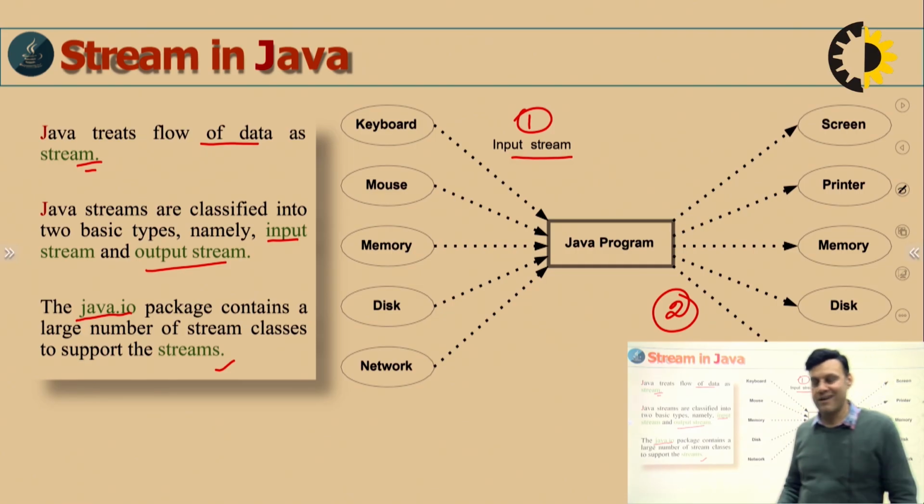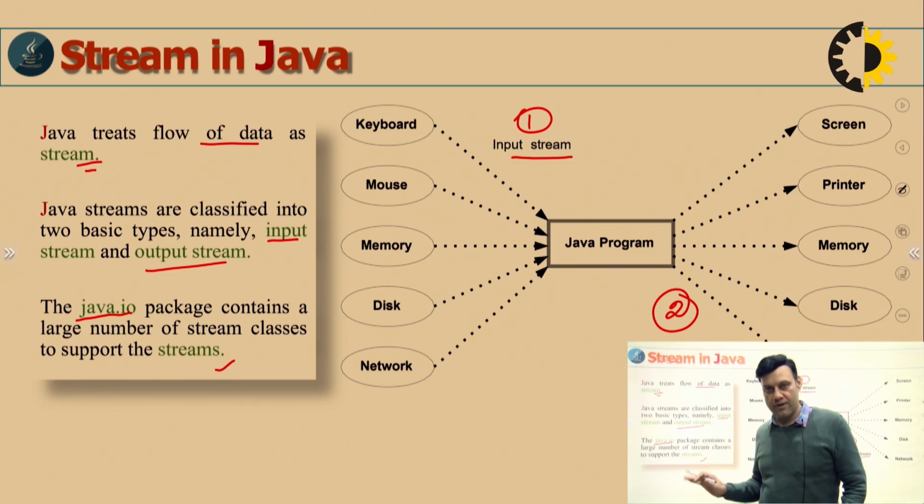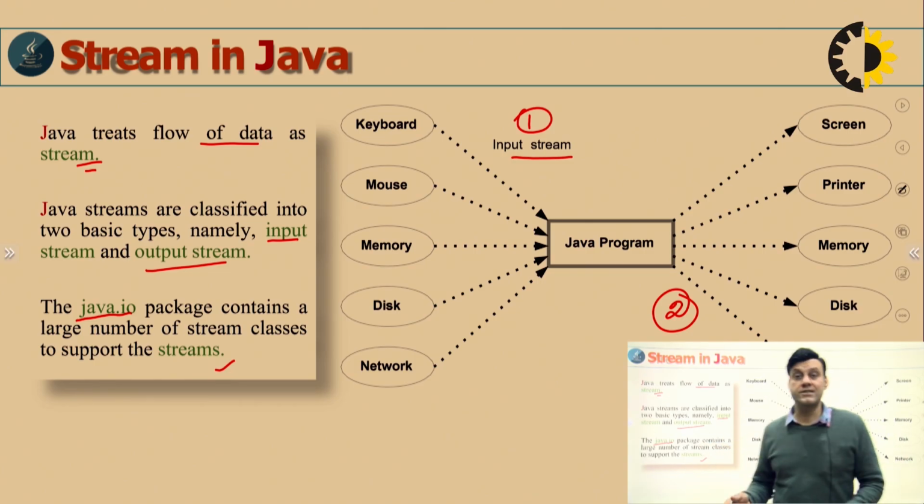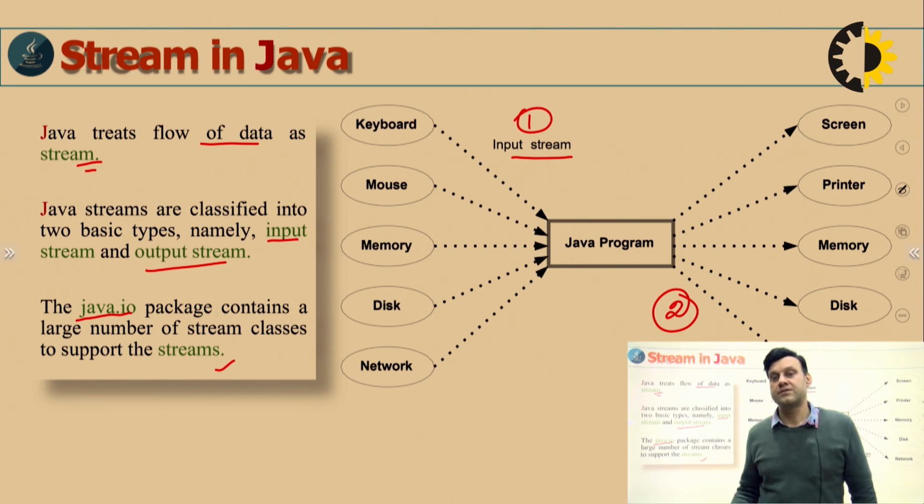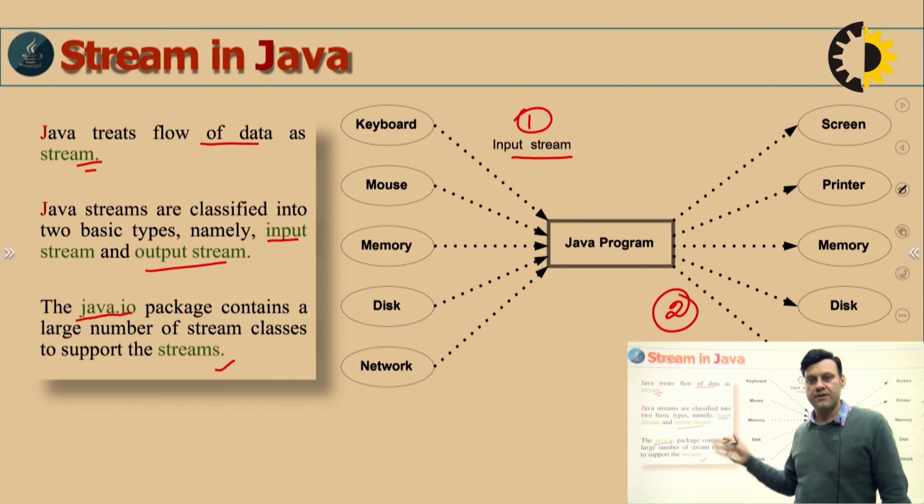As I have told you, Java is an object oriented programming language, so we have a number of classes available, and under those classes there are a number of methods. We just need to know which class and which methods we are going to use. For Java streams, the Java program will take an input stream and generate an output stream.